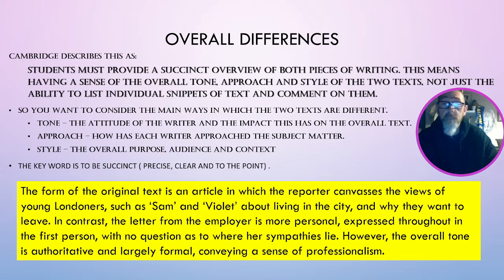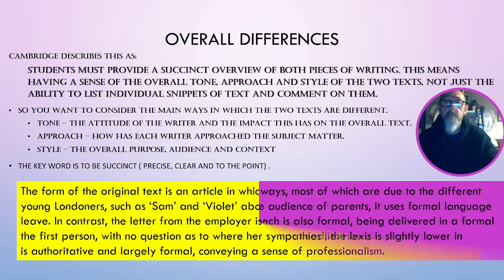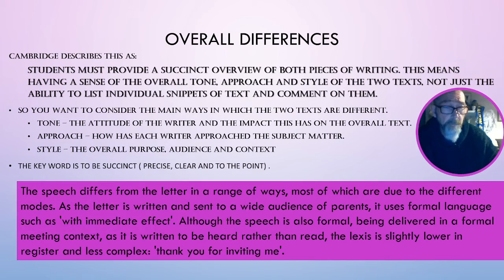However, the overall tone is authoritative and largely formal, conveying a sense of professionalism. So this is where I'm showing the two main differences between the texts from a very overall point of view.